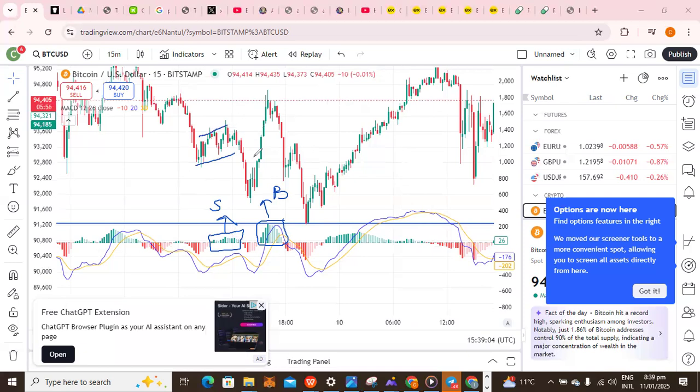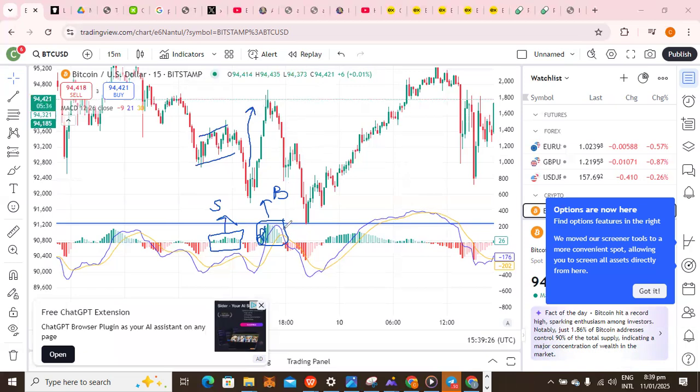We're not expecting a very good rise. But if it's considerably increasing, as you can see, one candle is small, the other candle is bigger than that, and the other is bigger than that, the chances of it going up are really high.